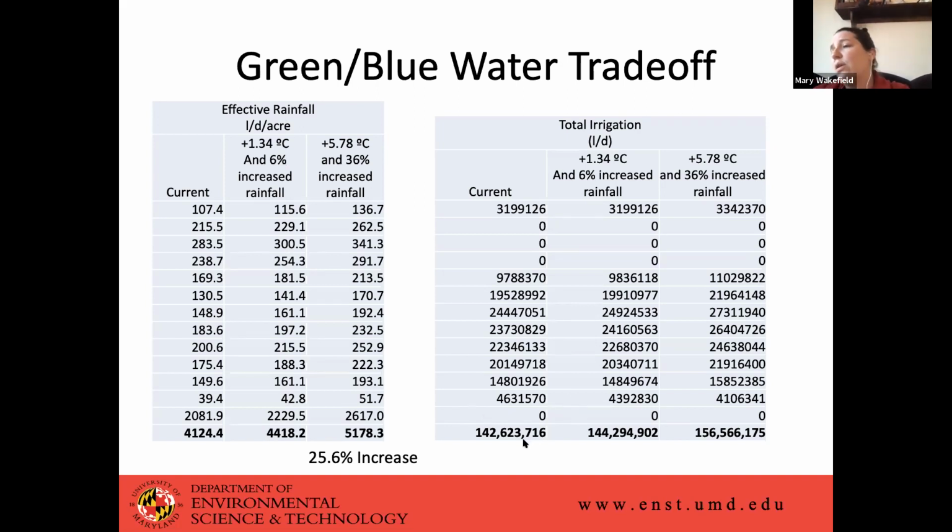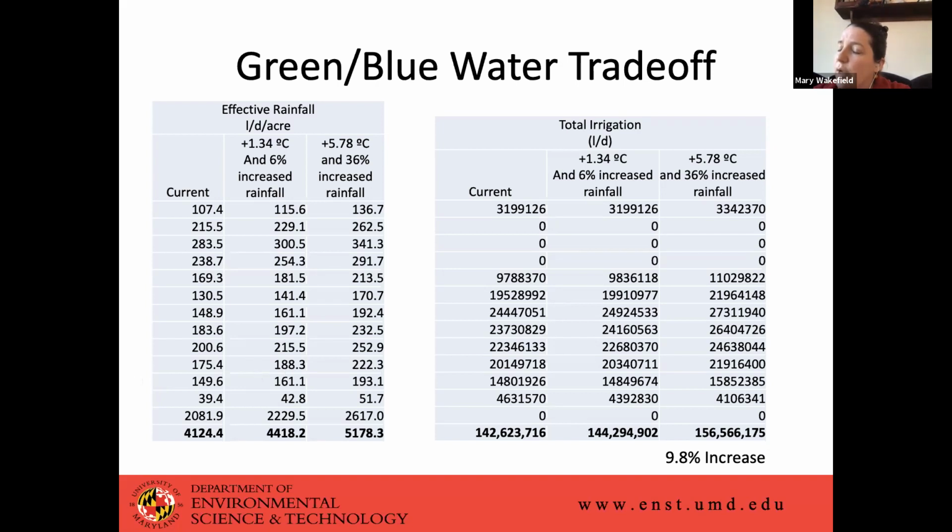Likewise, with our irrigation, we've got a 1.2% increase in the irrigation needs, even for that small increase in temperature and rainfall. And we've got a 9.8% increase in the need for irrigation with our maximum temperature and rainfall increases. It doesn't seem like an overwhelming amount, but if you remember back to how narrow an aquifer band we have for pumping irrigation, it ends up being a noteworthy amount.